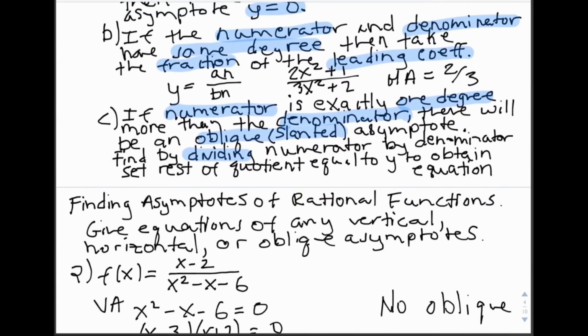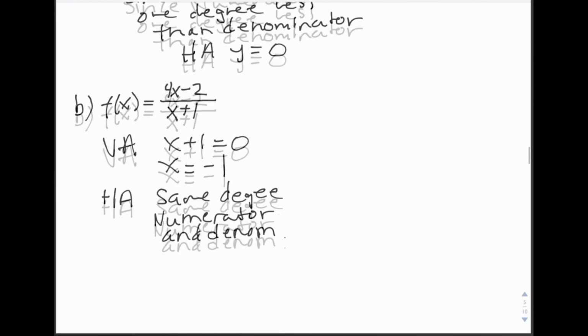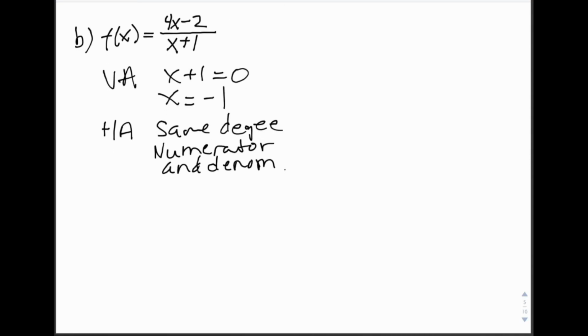If the numerator and denominator have the same degree, then take the fraction of the leading coefficients. In part B, the leading coefficient of the numerator is 4, and the denominator is essentially multiplied by 1 out in front. So we have 4 divided by 1. So y is equal to 4 divided by 1, or just equal to 4.